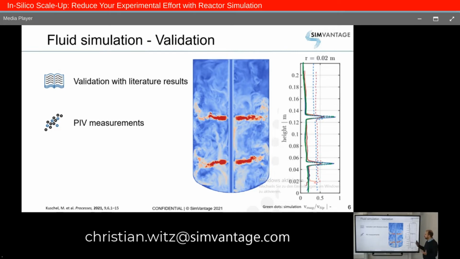It's particle image velocimetry, where you add some particles and then you take two pictures in an extremely short time, and then you see how far they move, and then you know with the time and the distance of the movement, you know the velocity, and then you can bring this velocity into a diagram and compare it to our simulation. Our simulation are the green dots in this diagram, and you see that you get a very good agreement.